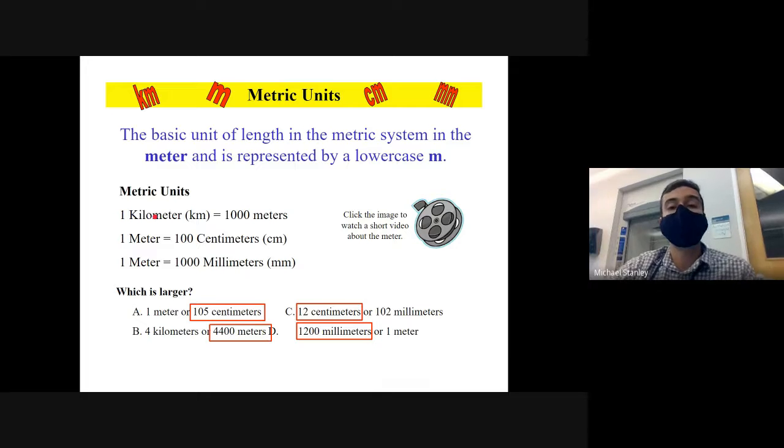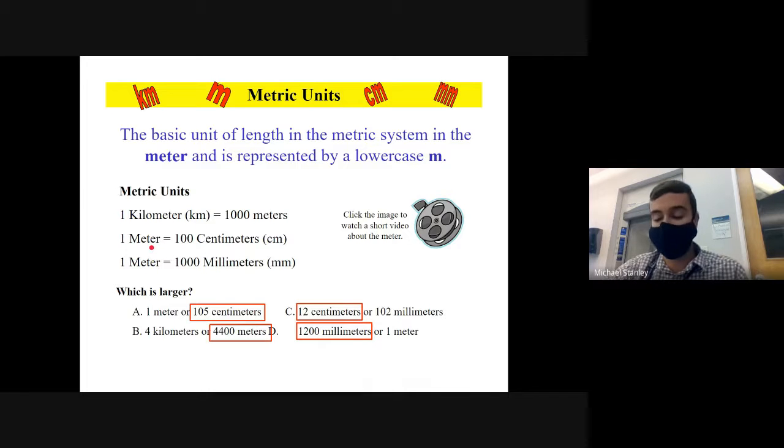You can also go on the smaller side of a meter. So if you took a meter and split it up into 100 pieces, each piece would be 1 centimeter long. So 100 centimeters together makes a meter. And we can also go even smaller than that. So 1,000 millimeters together makes 1 meter.